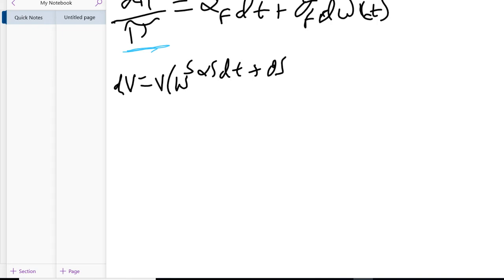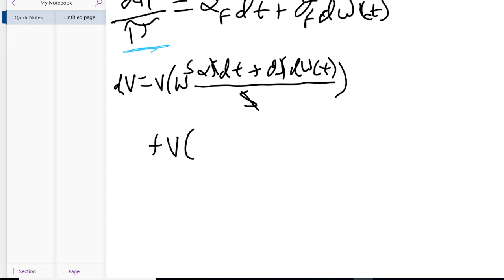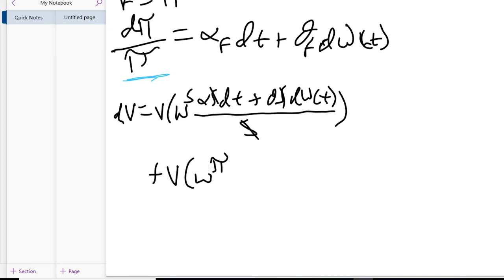You'll see that these terms are going to cancel anyways, so it doesn't quite matter. All over S, like I said, so those cancel. And then I'll close that off for now, because then you'd have plus V, and then of course the option part. Remember, we just figured out that this d pi over pi, it's right up here, is equal to that alpha_f dt.